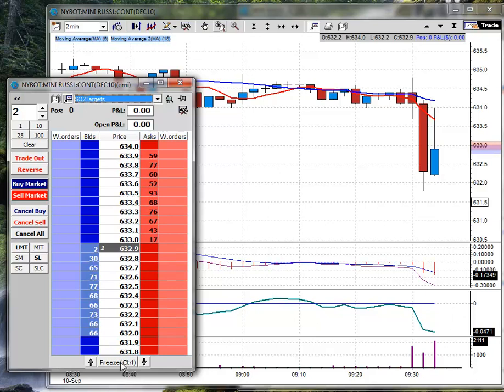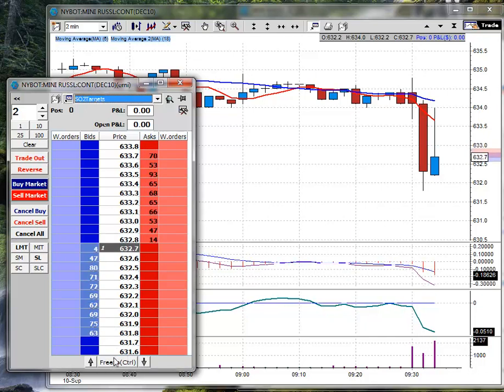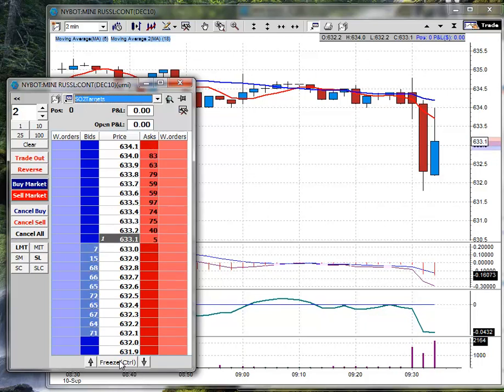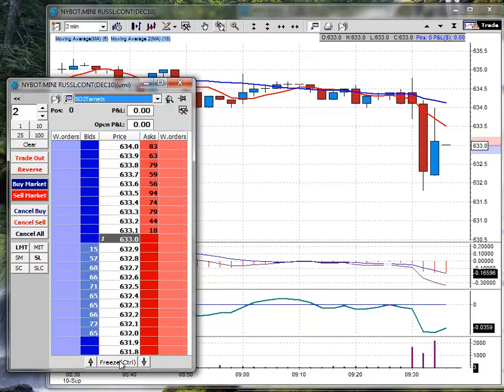What I do to make sure I get myself ready to take a trade, because sometimes the market moves pretty quickly, is I put my mouse right on this freeze button on the trading pad, so I can freeze the market and pick the price that I want to enter a little bit easier. And then I click unfreeze and watch it go.